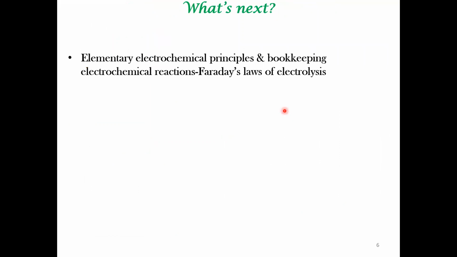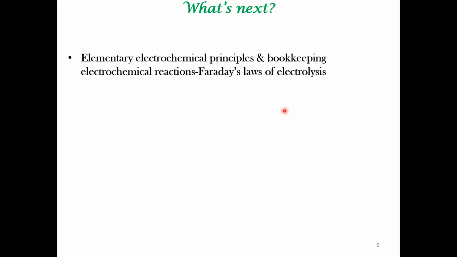Where do we go from here? In the next lecture, we will look at fairly elementary electrochemical principles. These are what you've been taught in your high school probably, involving flow of currents and Ohm's law and so on, and how Michael Faraday introduced certain laws.